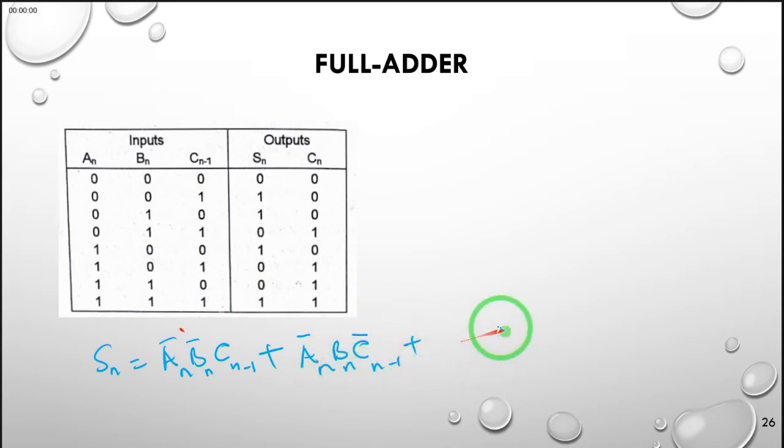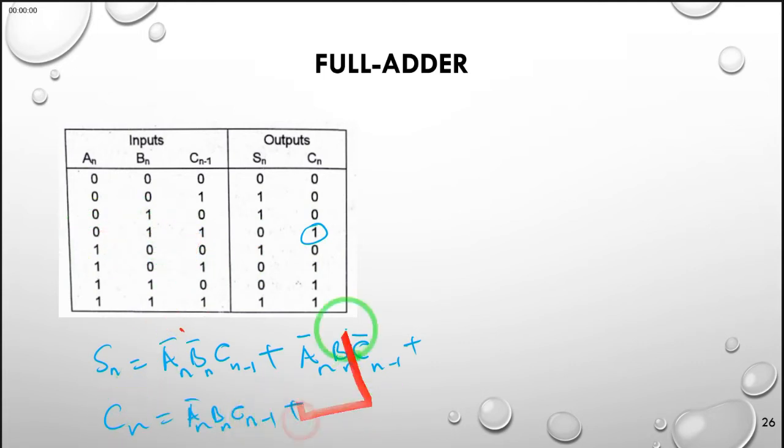So you can do that for all of them, and you can do that similarly for Cn. For instance, the first one is this one, which is true. So this is A bar, B, C, with n and n minus 1. Another one would be this one, which is 1, 0, 1, meaning A, B bar, C, and each has its own n and n minus 1.